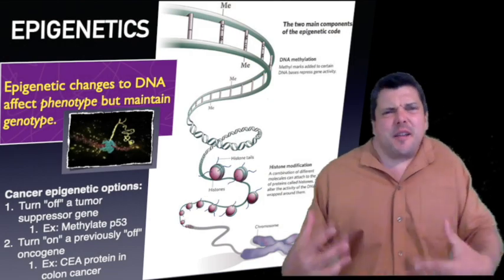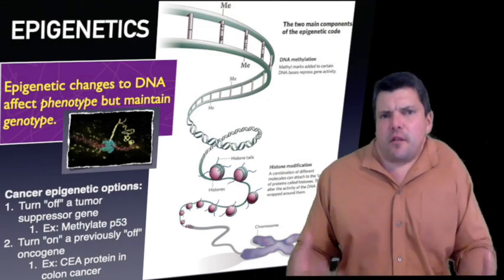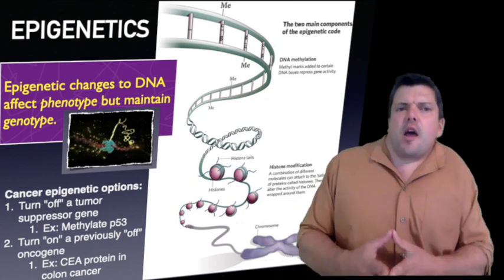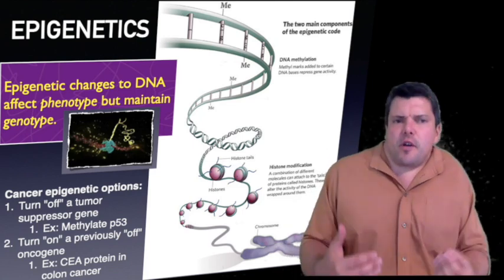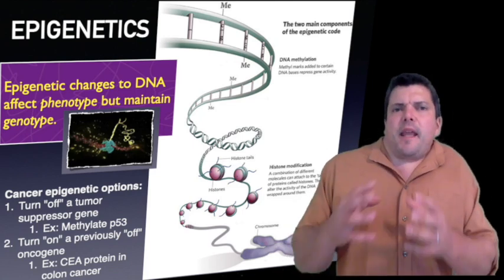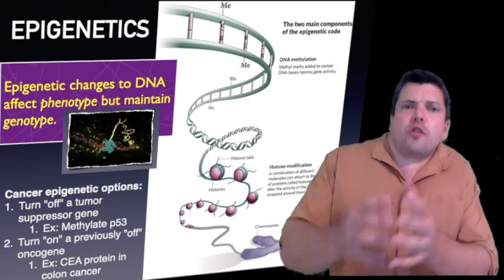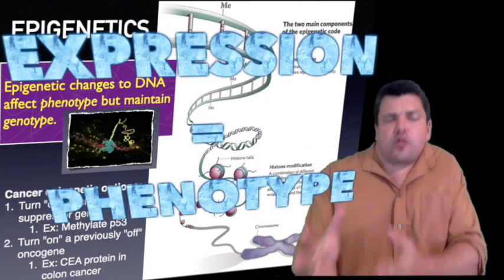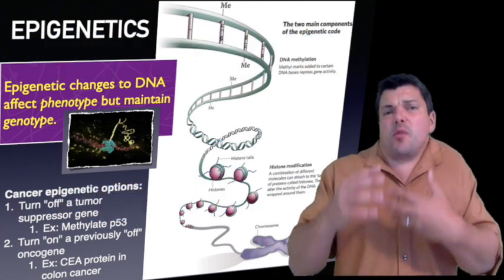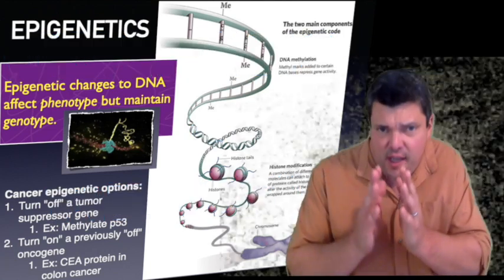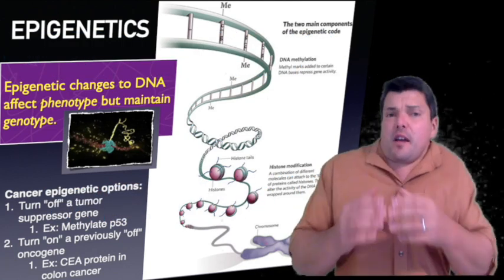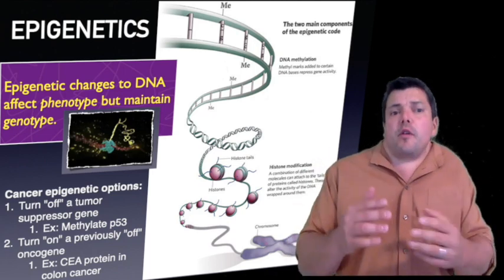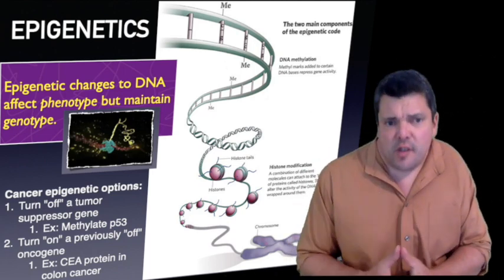Now, you've probably already touched on epigenetics in other classes, so I'm just briefly going to reiterate things. Epigenetic alterations to DNA impact the DNA or gene's expression or ability to be expressed, transcribed, translated, but don't actually change DNA at all. We're not going to cover every mechanism of epigenetic alteration, but we're going to focus on the 2 most common.